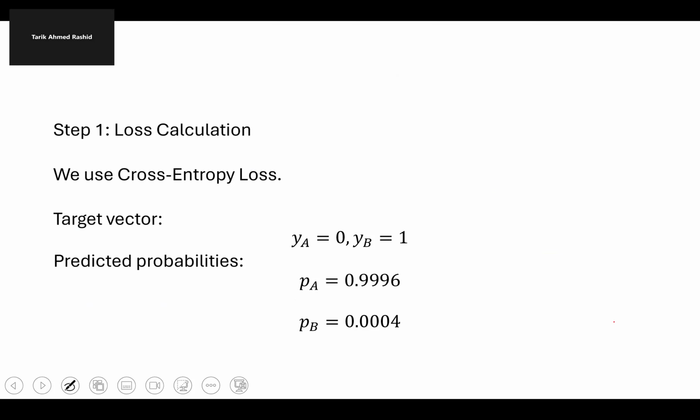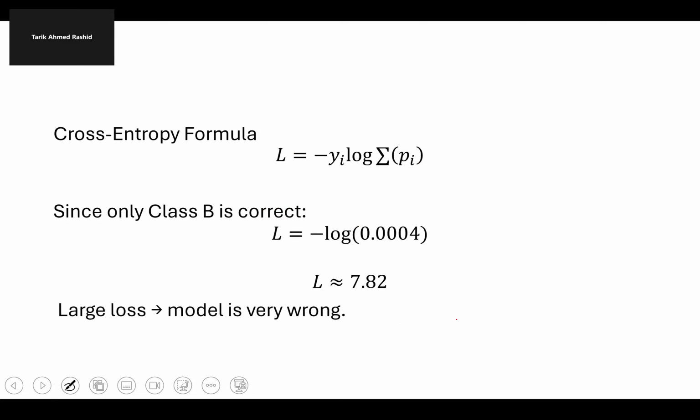Therefore, we have target A is 0, target B is 1. We predicted 0.9996 for A. We predicted 0.0004 for B. Thus, we have to implement the cross-entropy formula, which is loss equals minus Y times the log of the predicted probability of i.